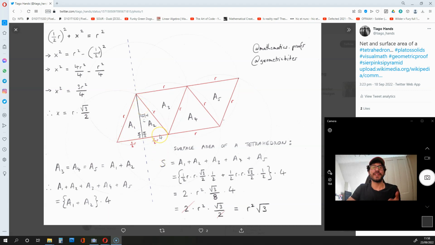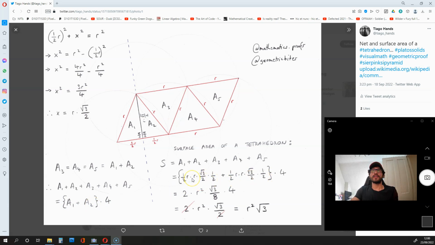Now A2 is exactly the same as A1. It's just a mirror reflection. So the surface area of a tetrahedron is 4 times A1 plus A2. Let's put the values of A1 and A2 inside these brackets over here.